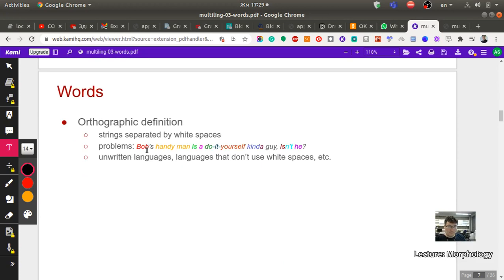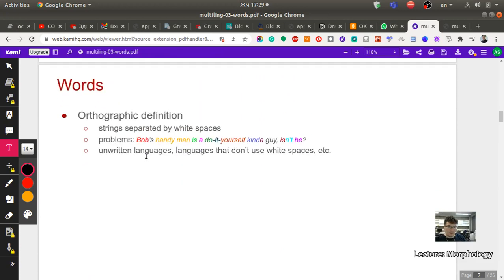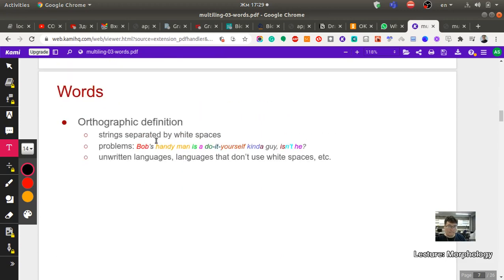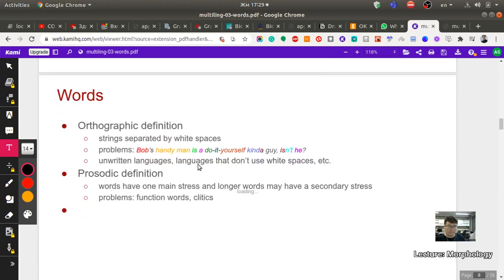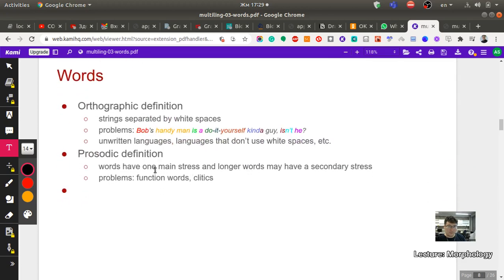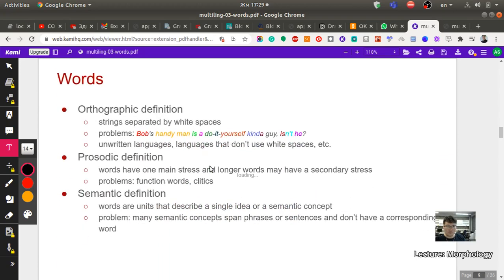Orthographic definition. Prosodic word. Okay, so this is how we should specify the words, how we should count them. Words are units that describe a single idea or semantic concept, so it is very problematic, because actually you should know about the idea and concept.